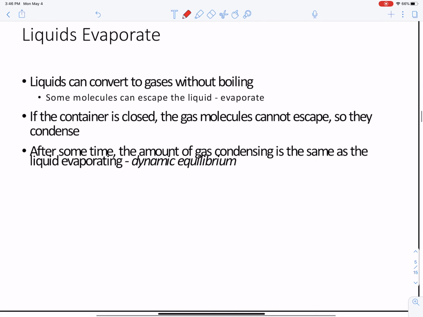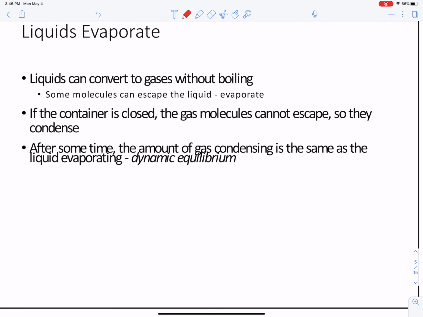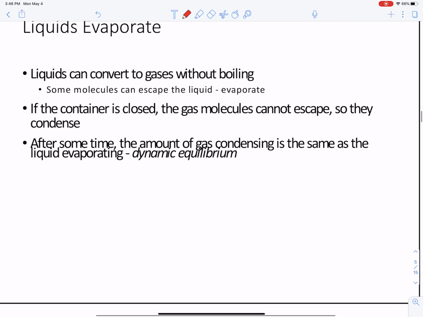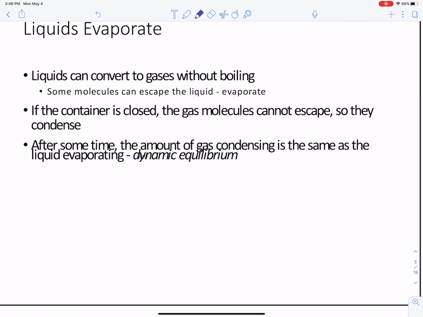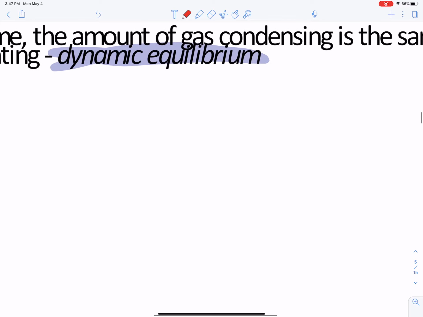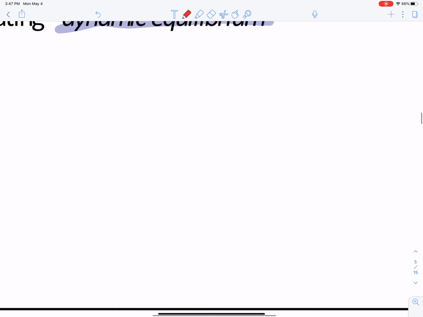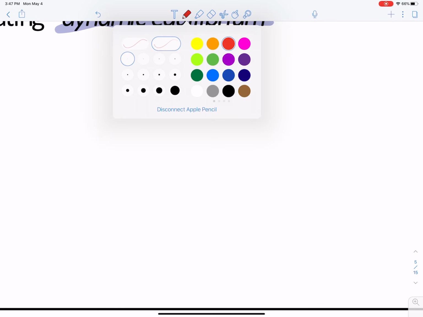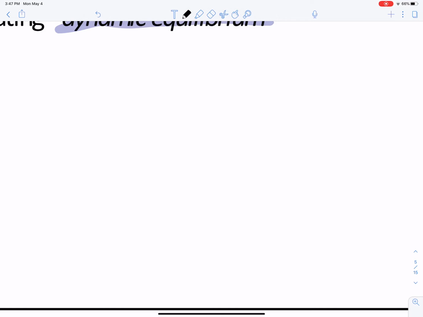After some time, the amount of gas that is condensing is the same as the liquid evaporating. This is a dynamic equilibrium here. That dynamic equilibrium means it moves back and forth, back and forth, back and forth. Do you remember when you were younger and you're working in one of your grades, whatever grade that was, and you had a container?